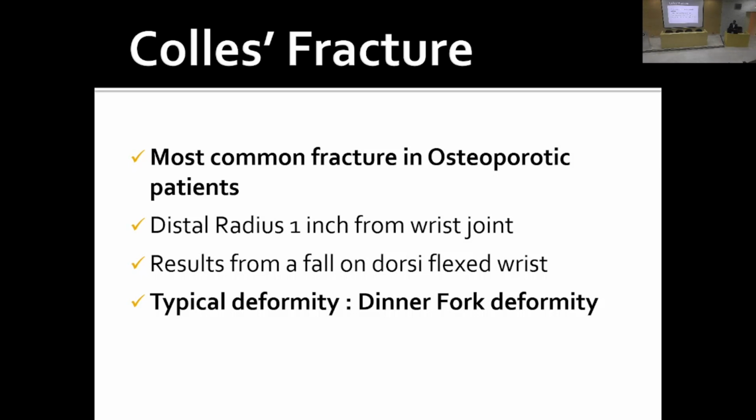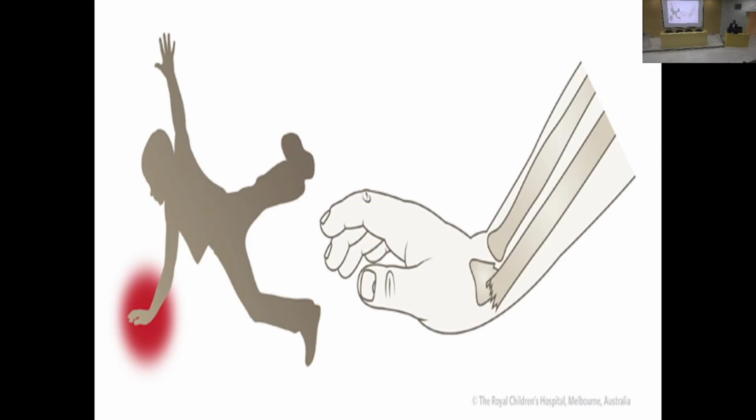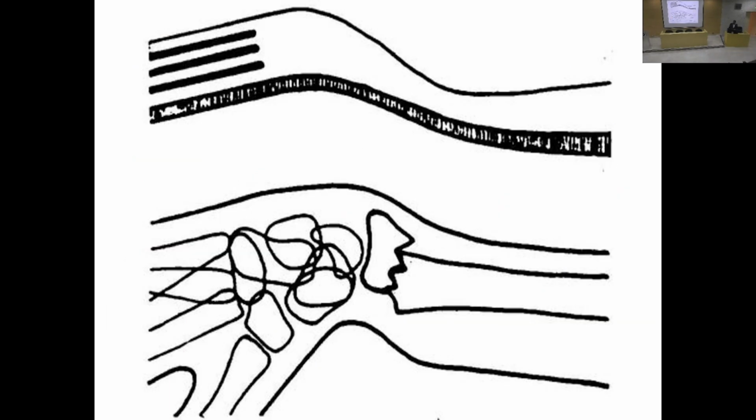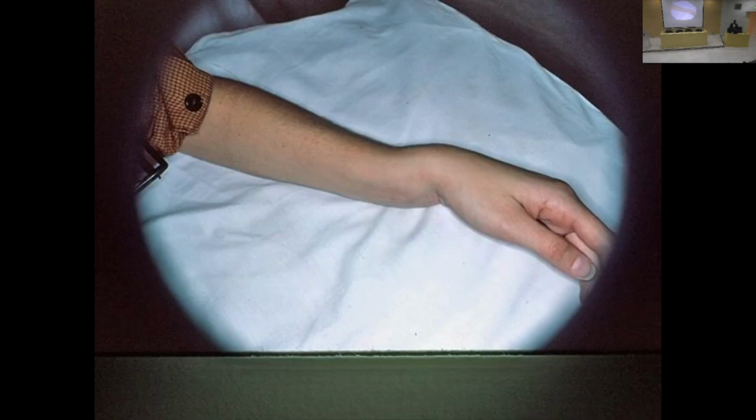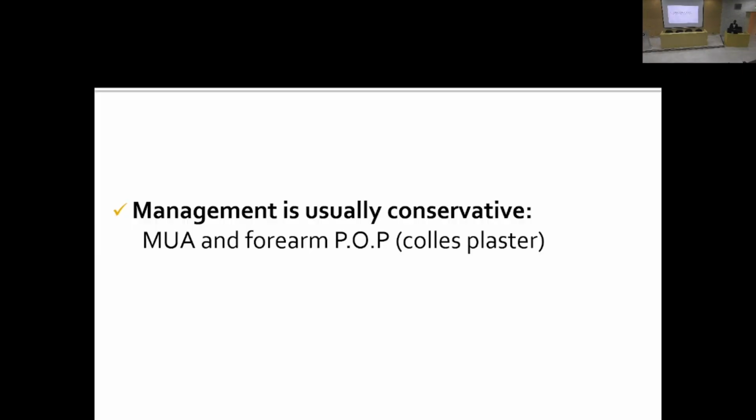Typically الديفورميتي بتكون عبارة عن dinner fork deformity، يعني زي الوجع كده وده زي الشوكة بتاعتنا المقلوبة نفس الشكل، سميناها dinner fork deformity. شايف dinner fork deformity. And management is usually conservative اللي هو manipulation under general anesthesia او under anesthesia.